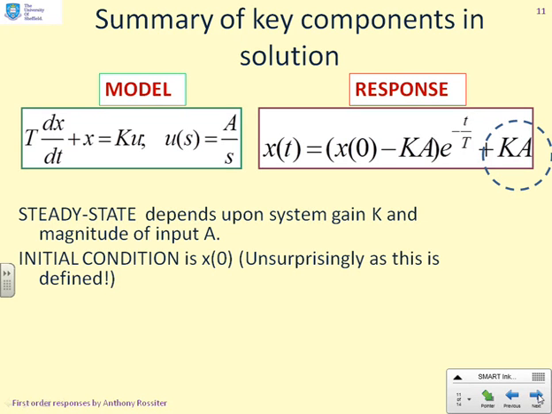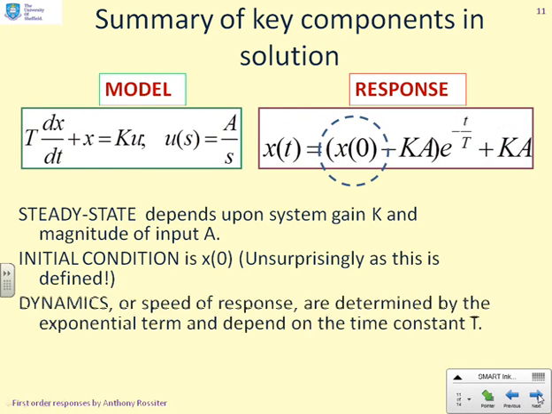The initial condition clearly appears in the response, and this is unsurprising. The dynamics, or the speed of the response, are determined by the exponential term and depend solely on the time constant, capital T. So there you can see there's an e to the minus time over capital T, and that governs how fast the x of t gets to its steady state value.